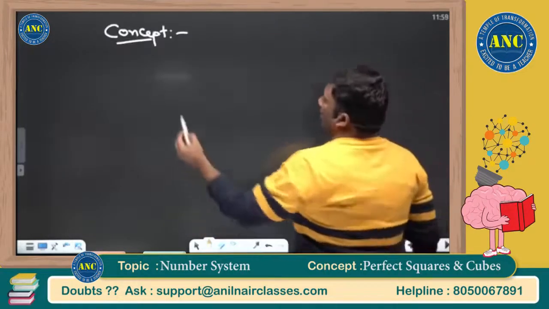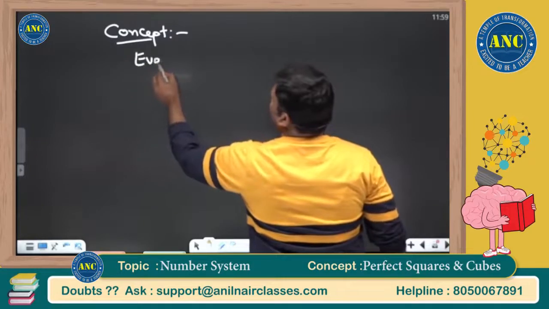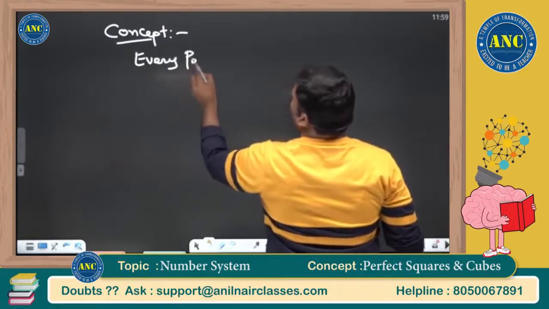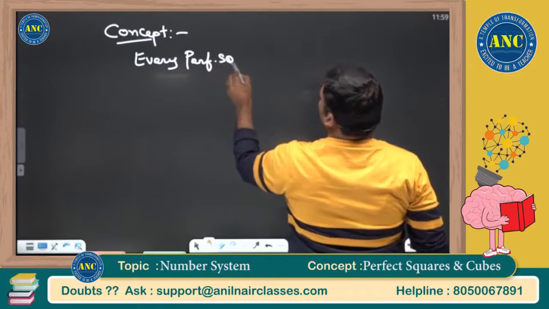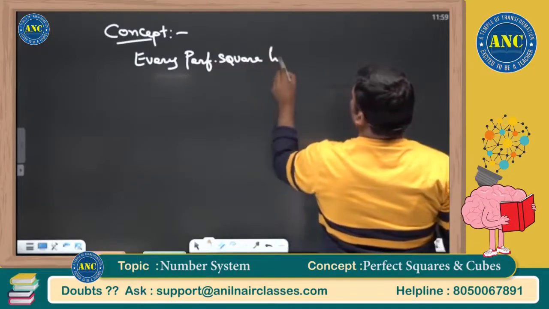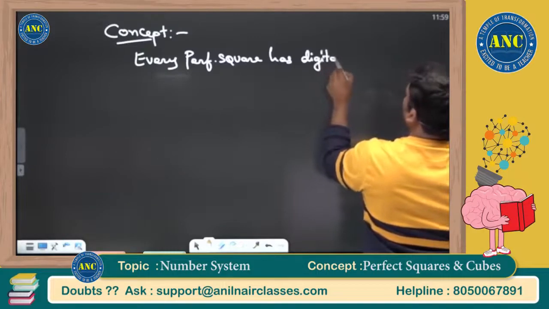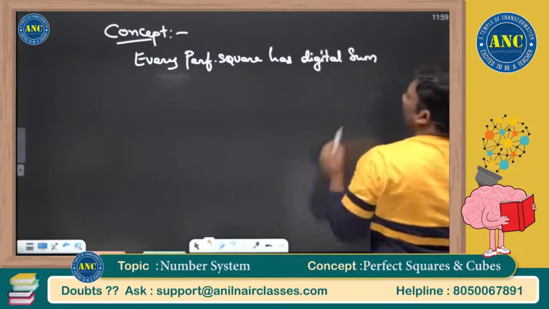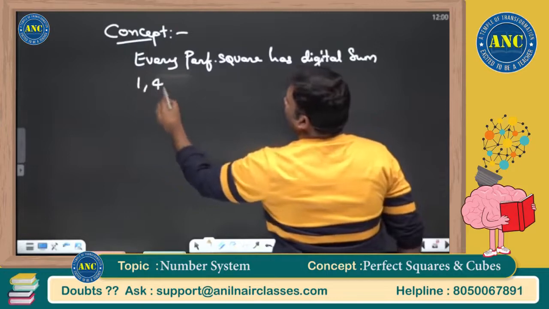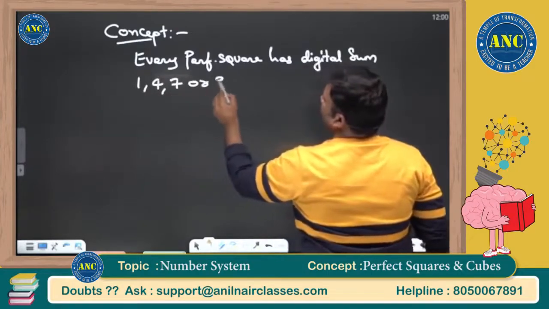Idea clear? Every perfect square has a digital sum of 1, 4, 7 or 9.